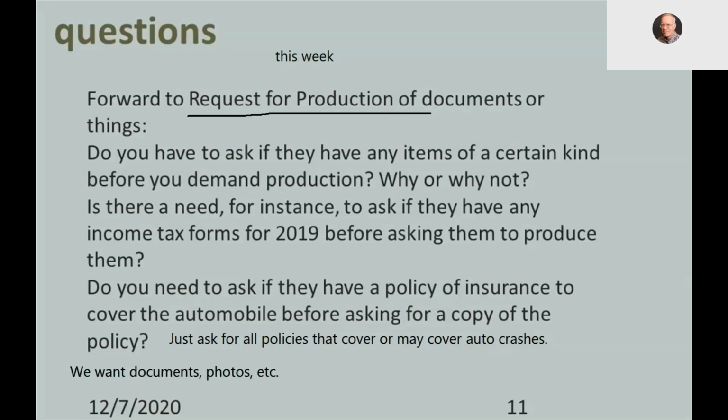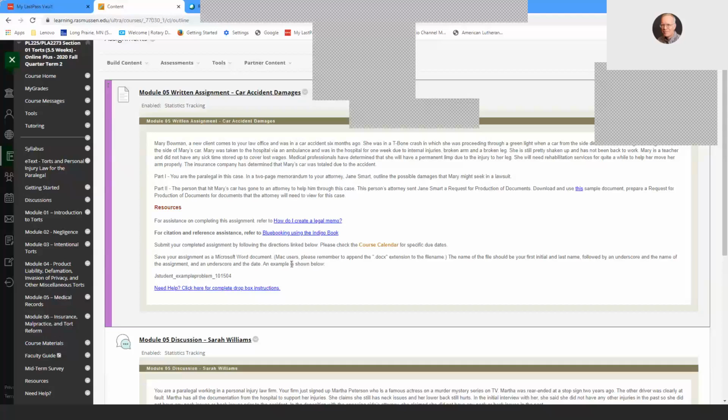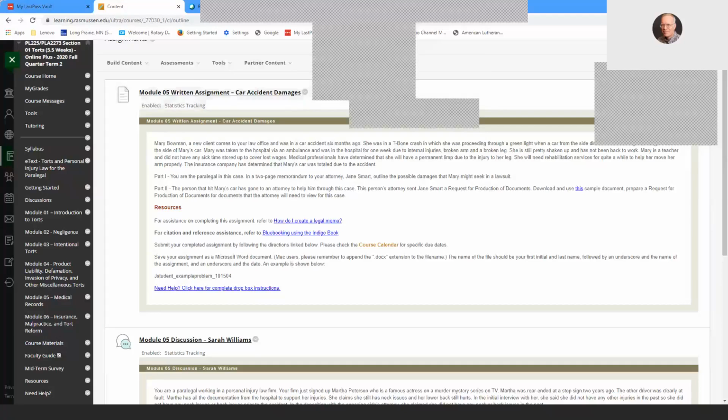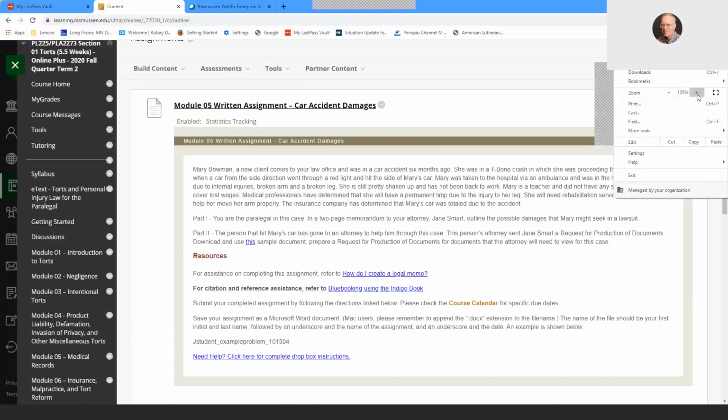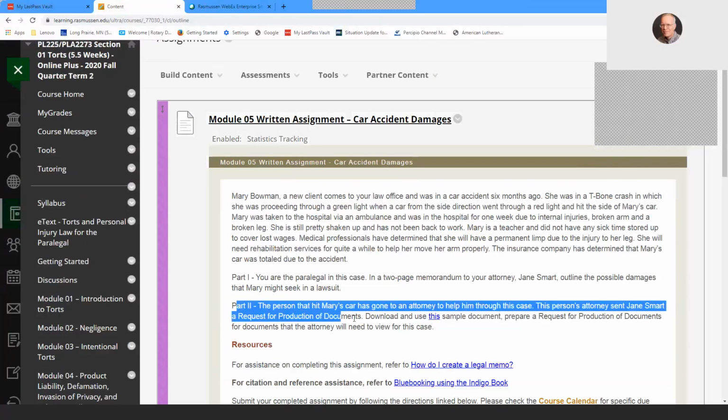Okay. And let me look here. And that's number 5. I'll show you here. For part 2, I'll make this a little bigger. Part 2, the person that hits Mary's car sent Jane Smart a request for production of documents, okay?